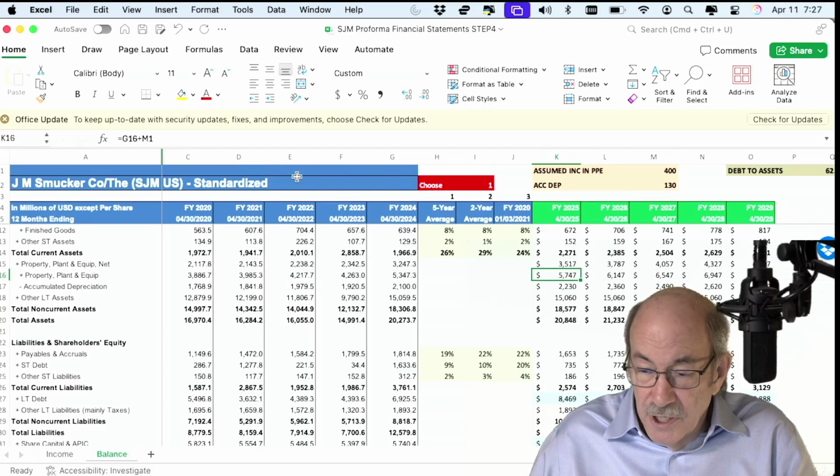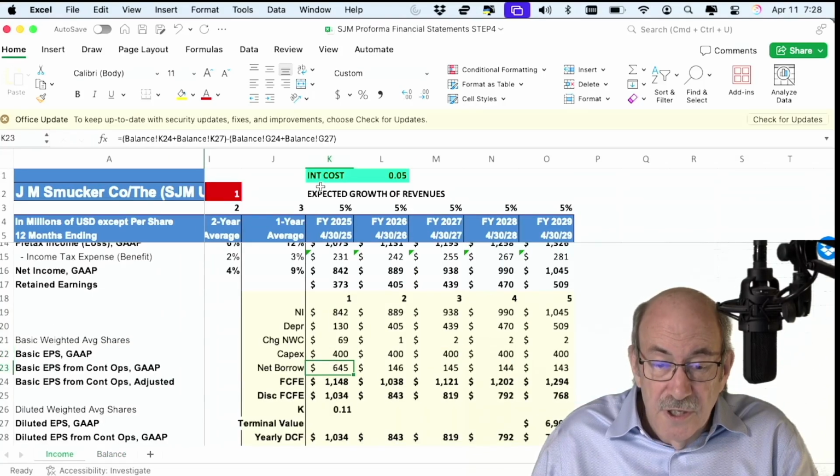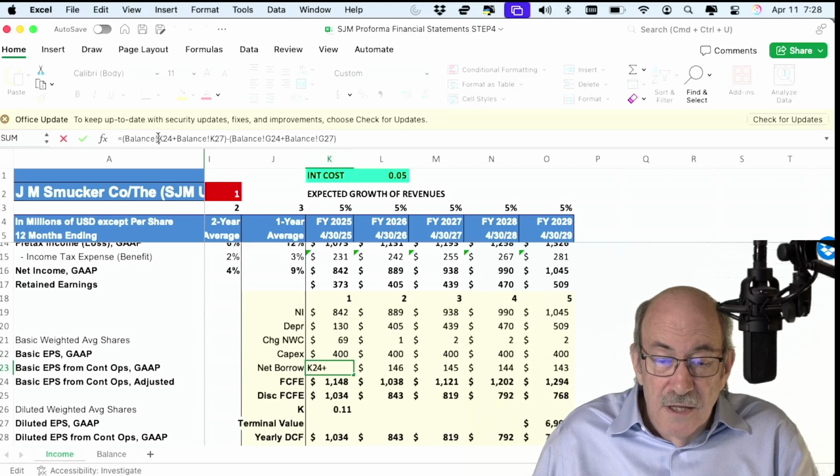So there's my K16. Here's my G16 right here. And then finally, my net borrowings is the long-term debt plus short-term debt minus the prior year's long-term debt plus short-term debt.